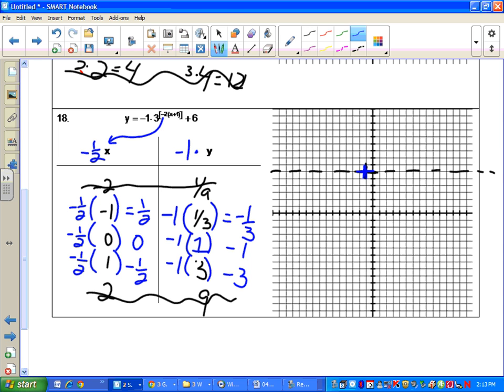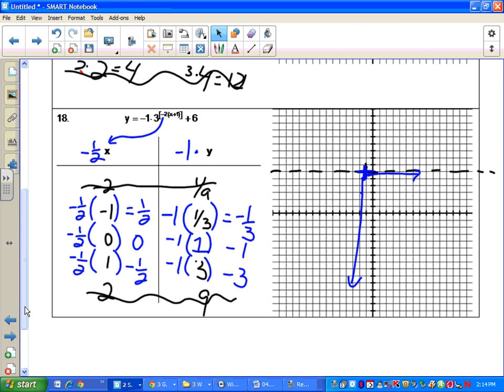Okay, graph them from your new little origin. 1/2 to the right and down 1/3. So that is just right there, almost on the origin. 0 what? And then 1/2 to the left and down 3. 1/2 to the left, down 3. So that one is really steep.